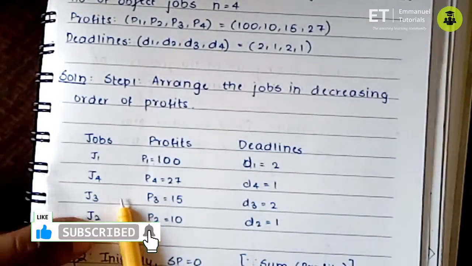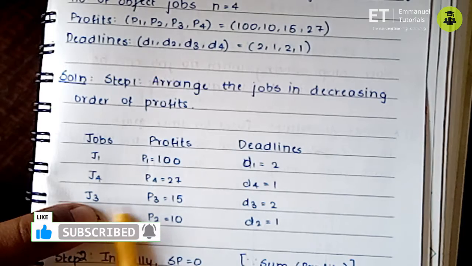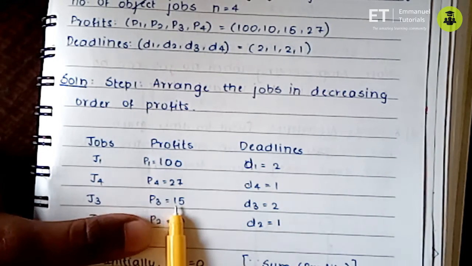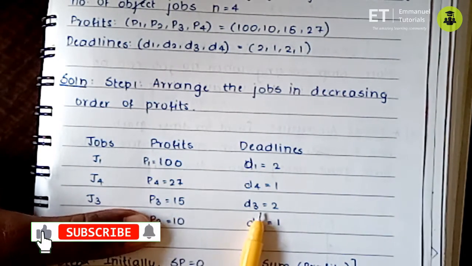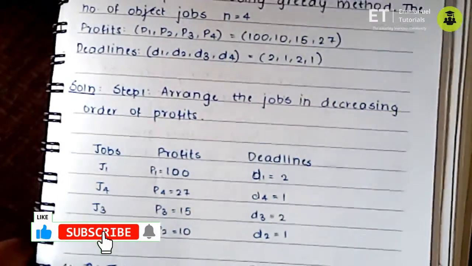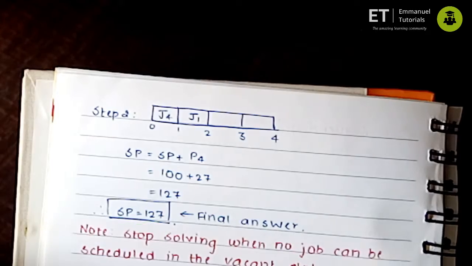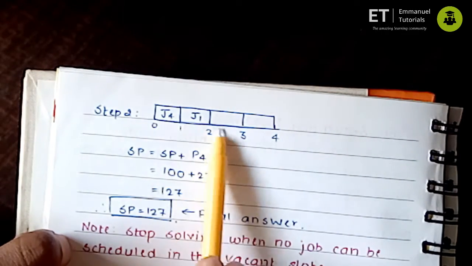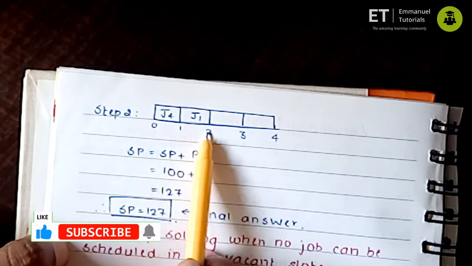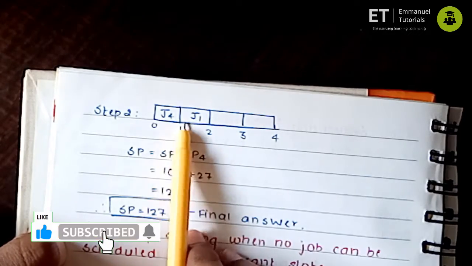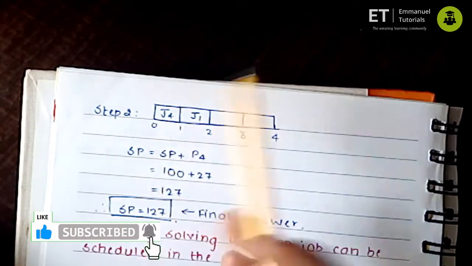The next job that we have is J3. Now J3 has a profit of 15 and its deadline is 2. So if we look at this figure, J3 cannot be placed in any of these cells because it can't be completed before the deadline. The spaces are already occupied, so J3 will be discarded.